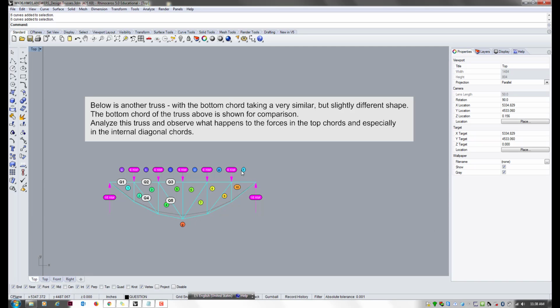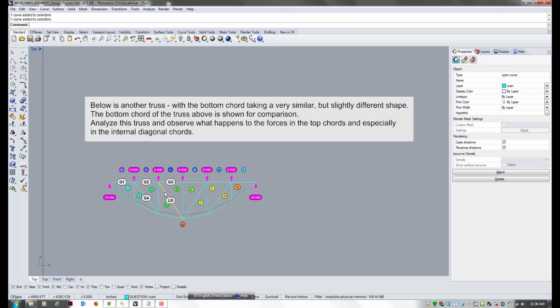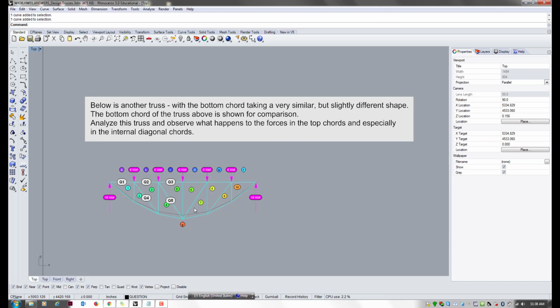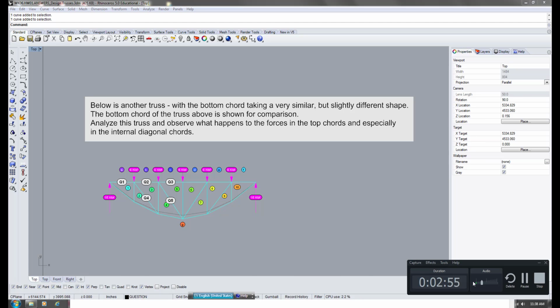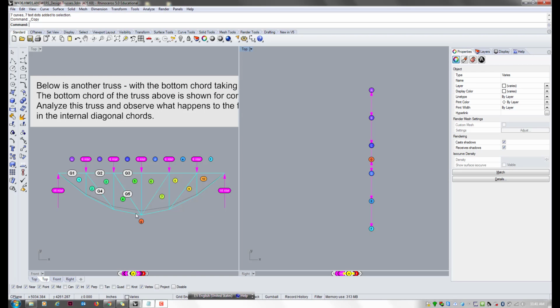So then I would like you to analyze this truss and observe what happens to the forces in the top chords as well as these diagonal chords. So now, in order to do the analysis, same thing as always, A, B, C, D, E, F, G around the truss, and then all the internal panels are numbered.